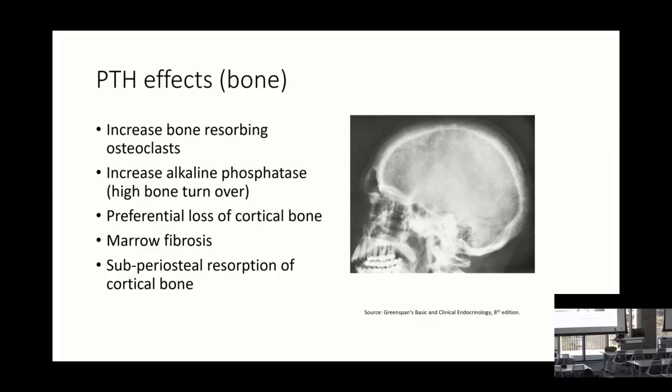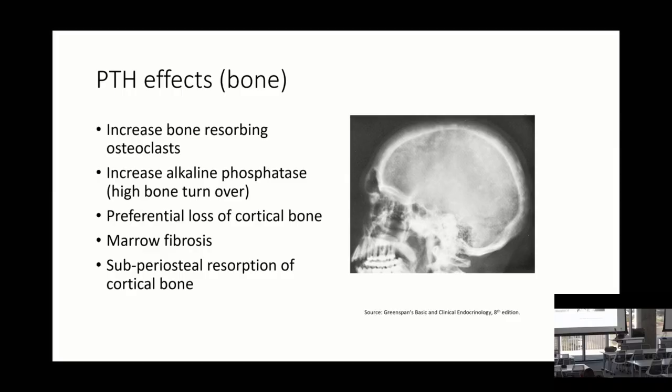This is maybe a little bit beyond step 1 level, but you should know this because you're going to see it a lot as you progress through your career. There's preferential loss of cortical bone, so you lose more cortical bone due to the effect of PTH. Which is why, when you're trying to assess for PTH excess and check a bone density, you check for cortical bone instead of just cancellous bone.